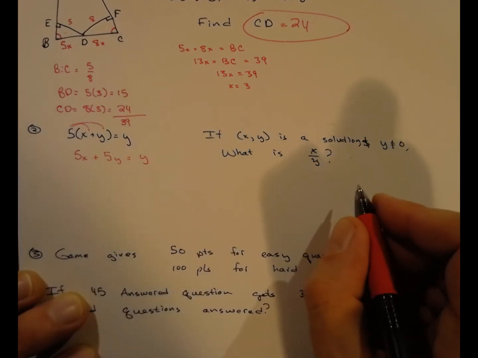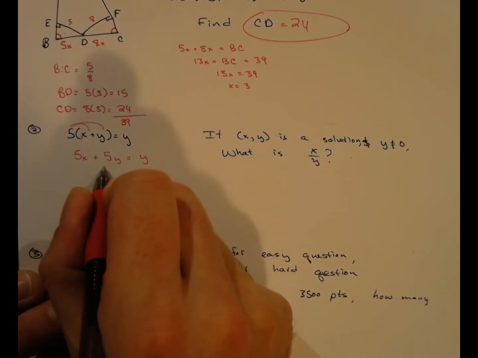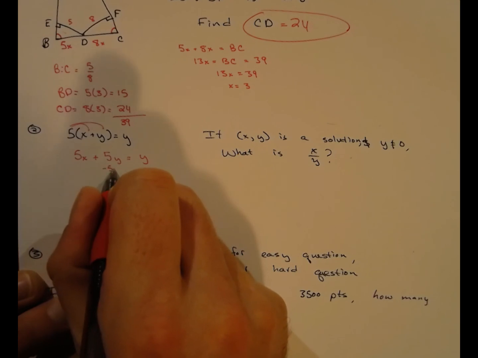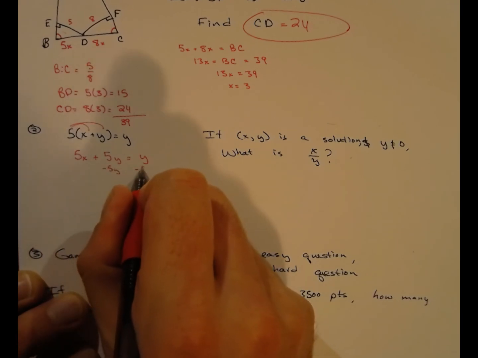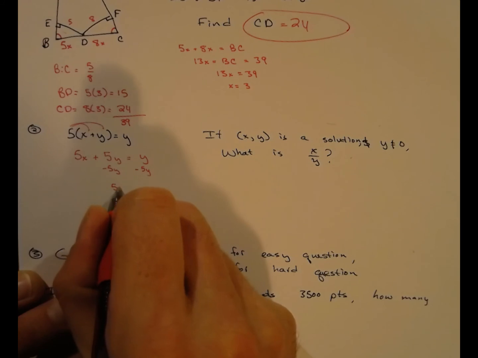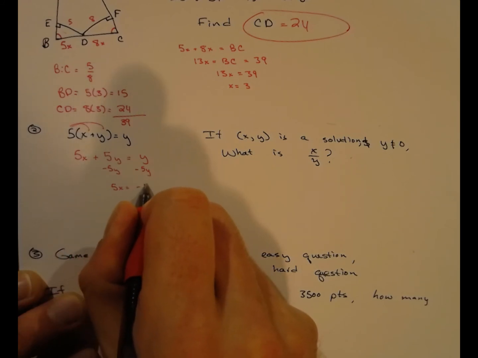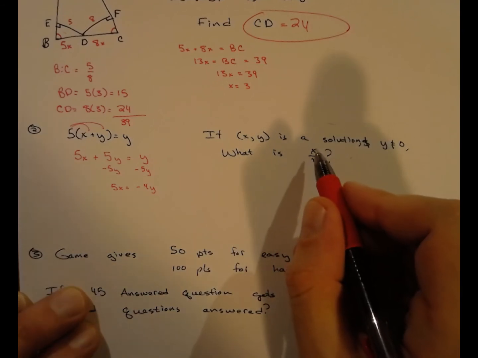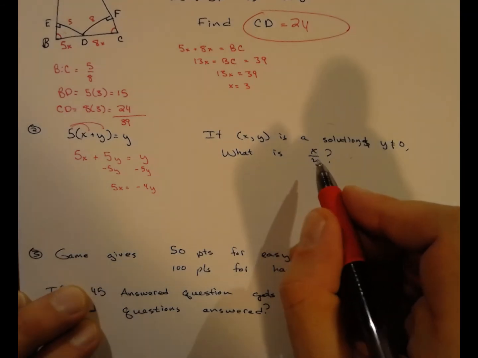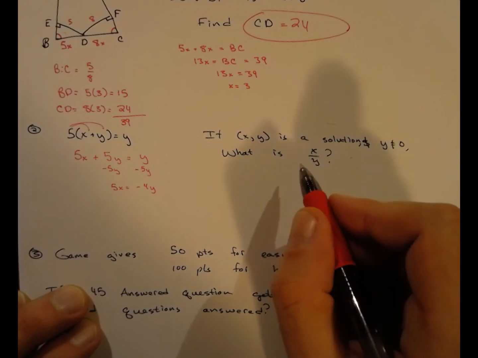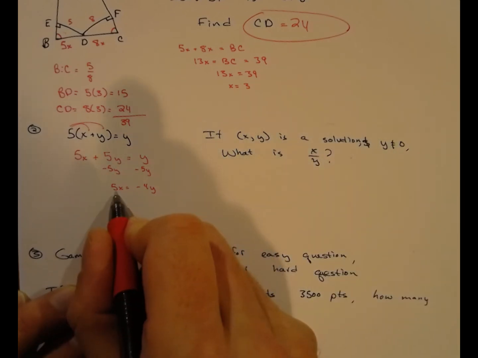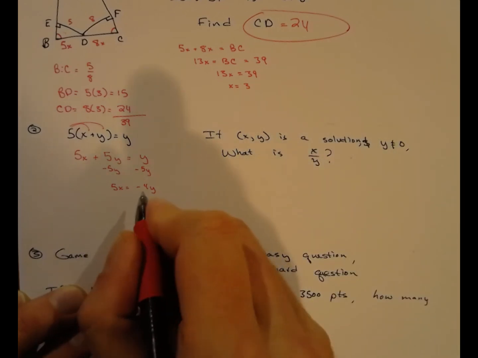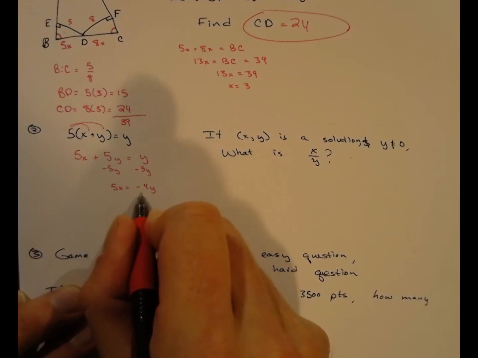And then we can combine some like terms. We can subtract a 5y from both sides. We get 5x equals negative 4y. But we want to get x over y. So what we can do here to get x over y is we can divide both sides by y.